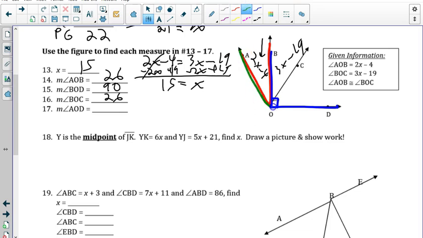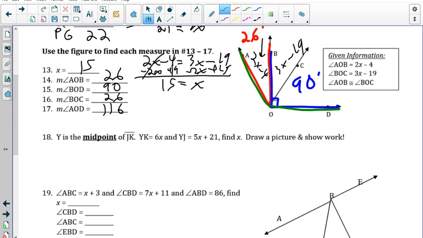AOD is this entire part. Now the blue angle is 90. AOB in the red, we found out was 26. So together, that makes 116 degrees.